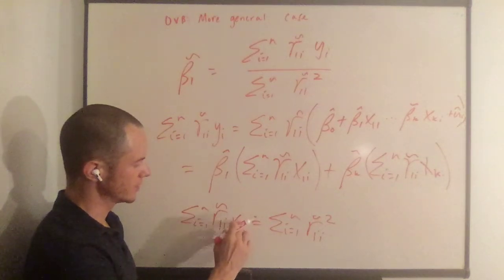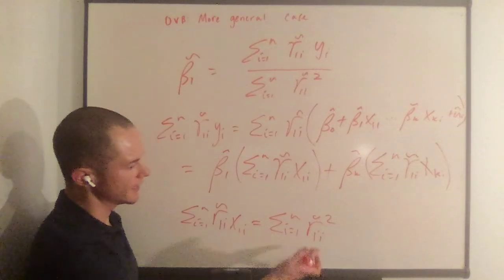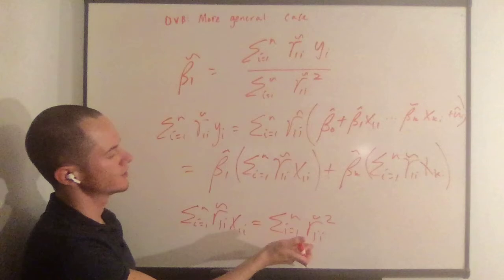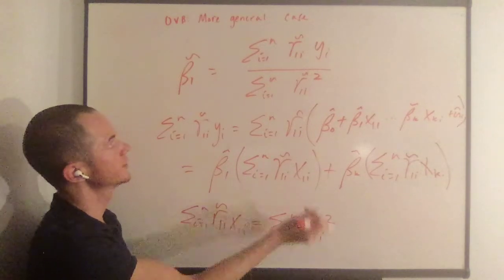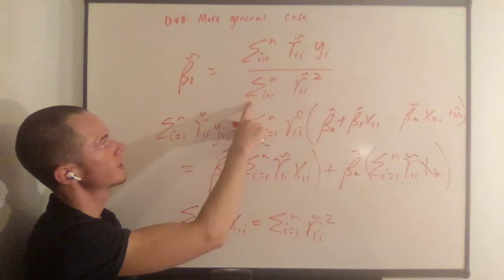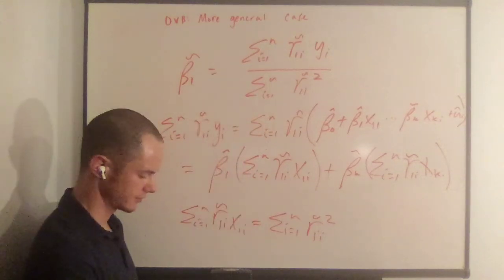It contains the same information. And this is the denominator, the sum from i equals 1 to n of r1i tilde squared, the denominator of the expression for beta 1 tilde.